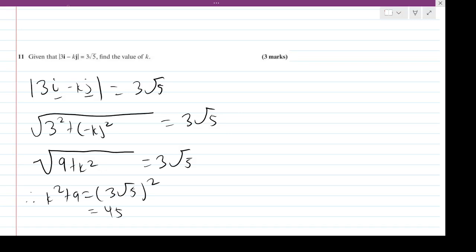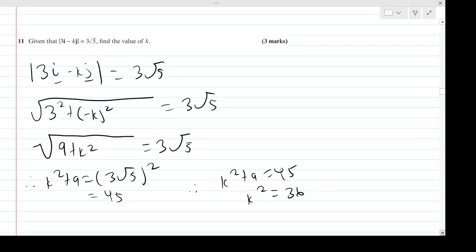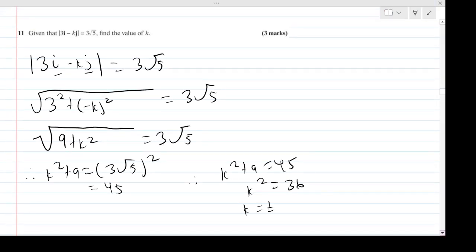So k squared add 9 is equal to 45. If I subtract 9 from both sides, k squared is 36. And again, k is then plus or minus 6, if I square root both sides. And that is my answer.